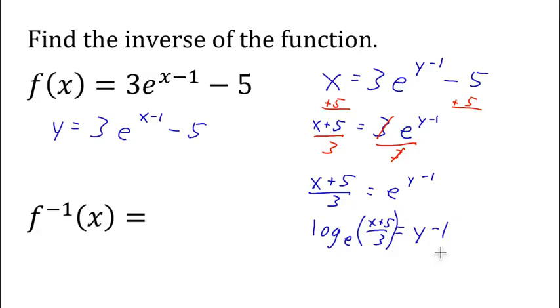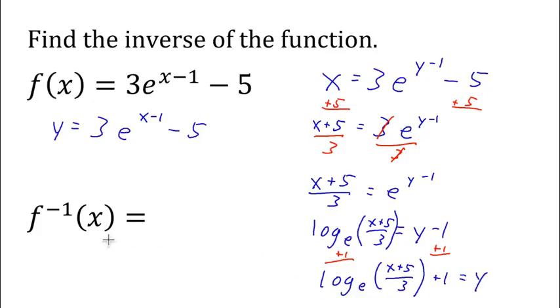Don't quite have y by itself, so let's add 1 to both sides. When we do that, we don't combine the 1 with any of this because those aren't like terms. And we have our inverse function.